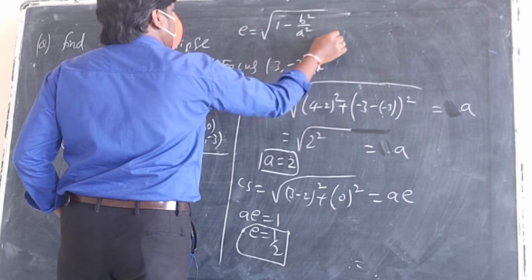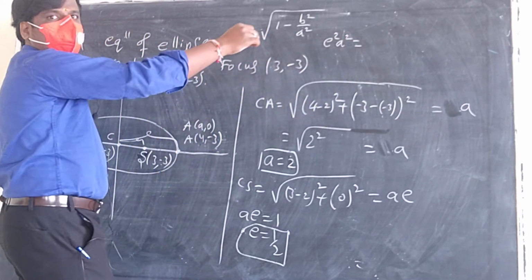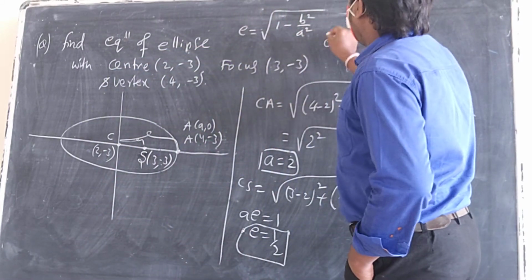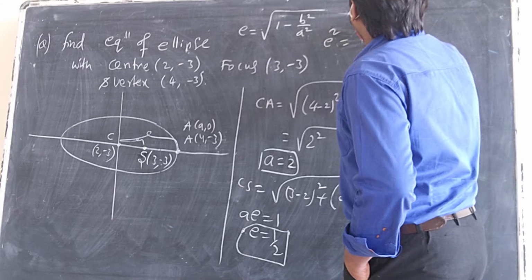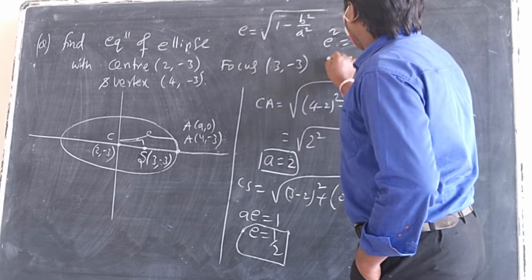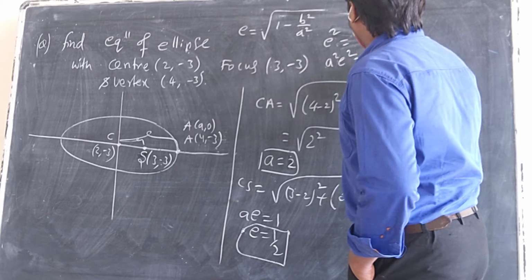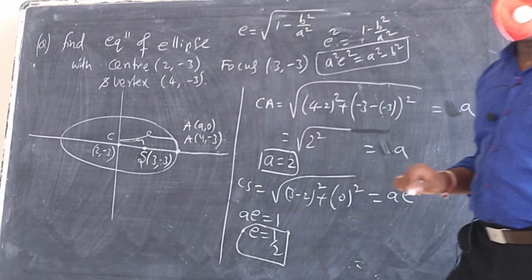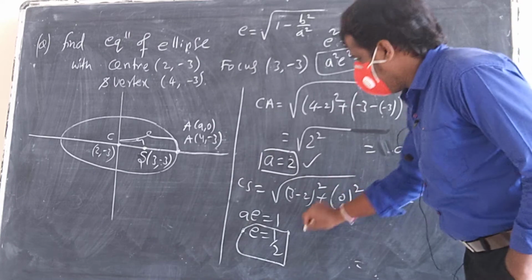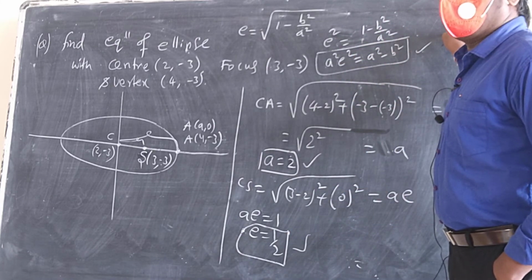Squaring on both sides, E square is equal to 1 minus B square by A square. You should also remember this formula: A square E square is equal to A square minus B square. So according to this, you have the A value and E value, substitute in this, and you are going to get the B value.